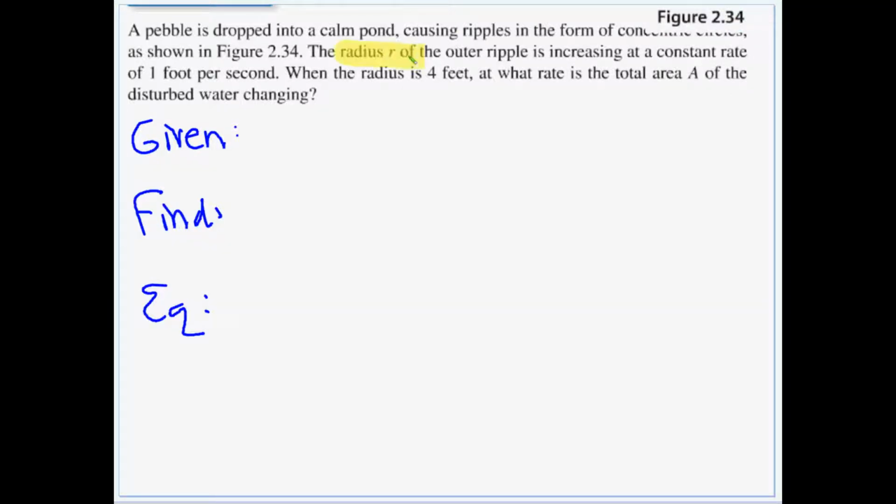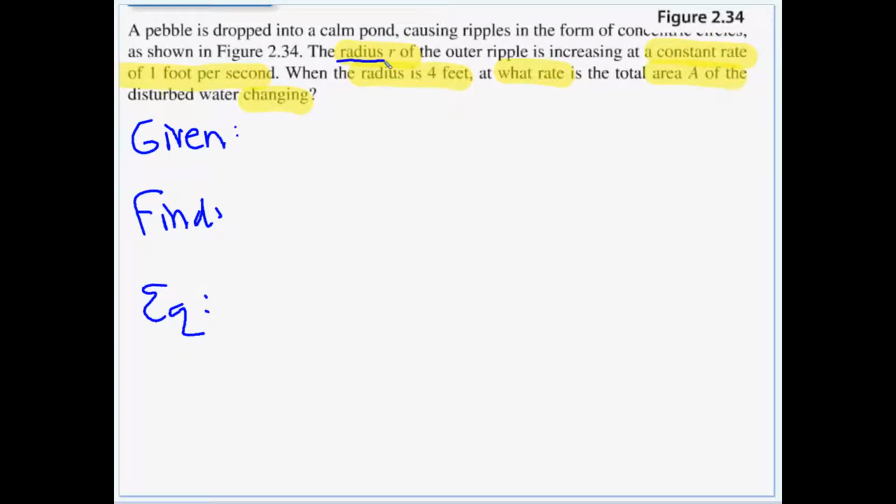Okay, the radius r is increasing at a constant rate of 1 foot per second. When the radius is 4, at what rate is total area changing? So always look for the word rate. It's kind of a giveaway, because the given and the find are usually some rates of change.